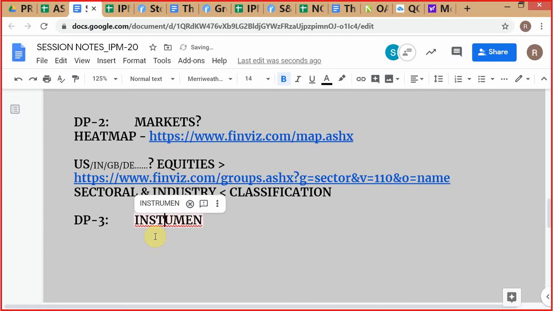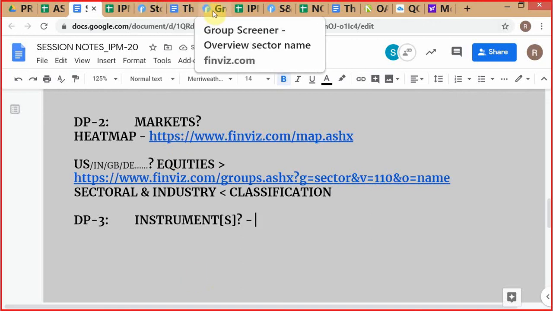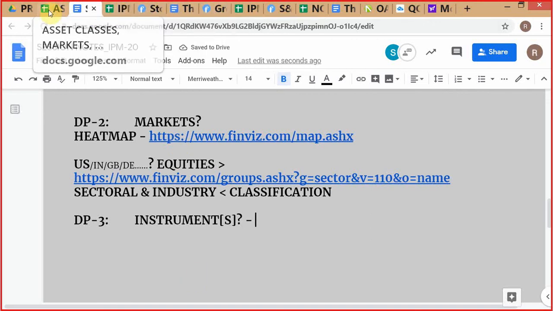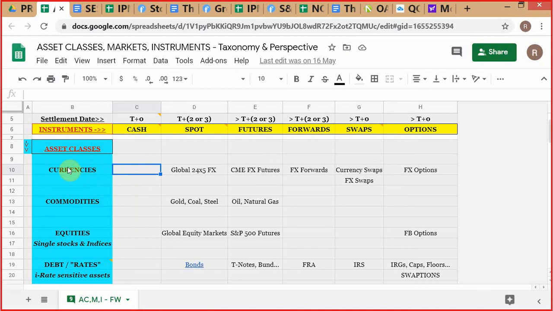Instruments, again, because you could choose only one instrument or you could choose many instruments. So if you are managing a currency fund, you could be investing in cash, but cash is not very actively traded.